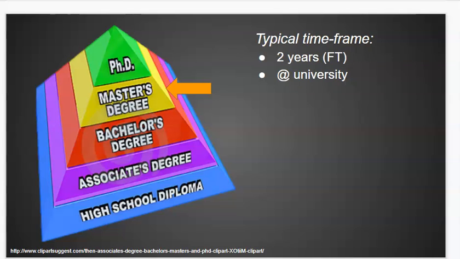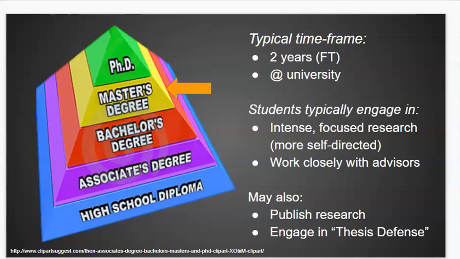Master's degrees typically take about 2 years of full-time study to complete and, like bachelor's degrees, are completed through a university. Students are expected to engage in a level of research that is not only more intensive and focused than a bachelor's degree setting, but is also more self-directed.